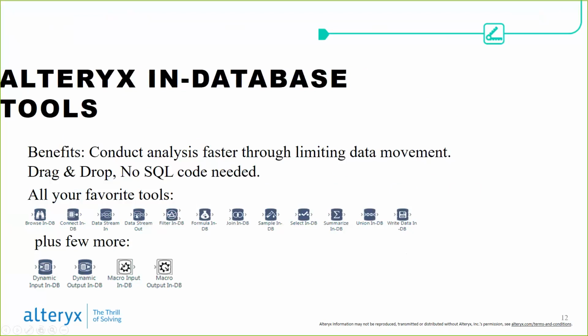We're going to be talking a lot about Data Stream In and Data Stream Out. Connect In-DB, for lack of a better word, is your input data that you might be used to. It's actually connecting to a table inside of your database, whereas Write Data In-DB is writing that commit in. Beyond that, you'll see your common tools: Select, Summarize, Union, Sample, Join, Formula, Filter. Each of these has a little bit of nuanced differences, so as I go along and build out, you can see what some of those differences are.